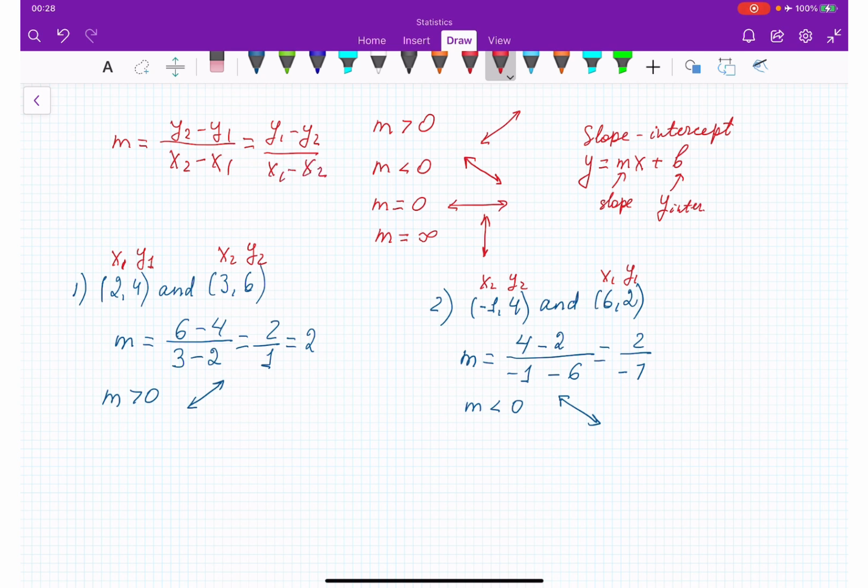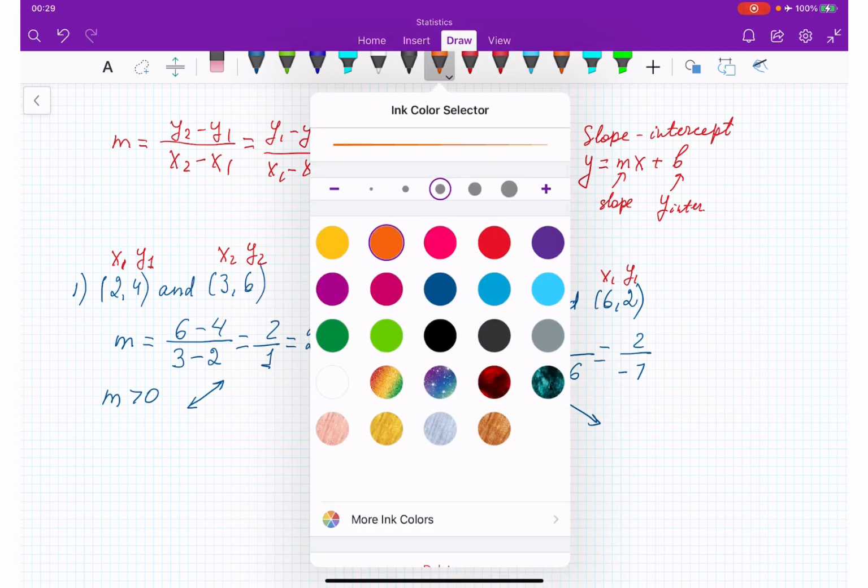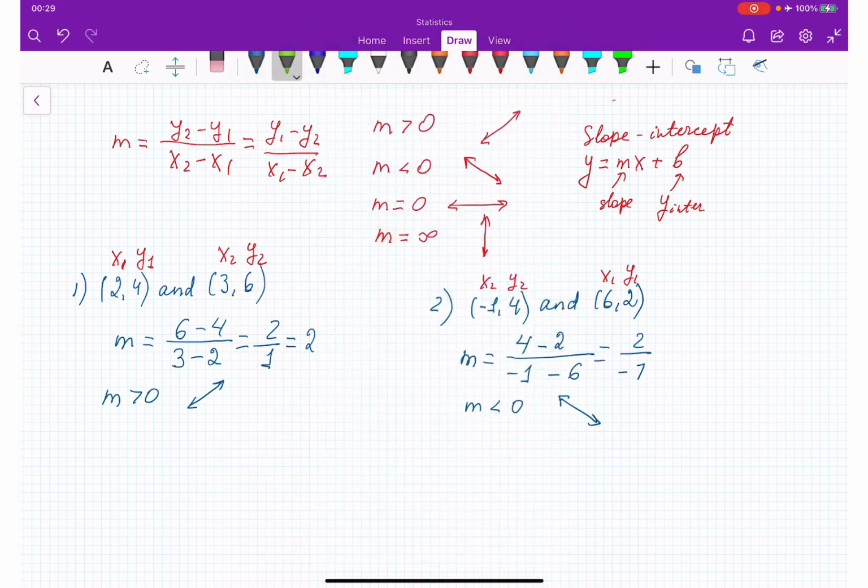Doesn't matter. What is important is that if the first term in the numerator starts with y2, then the bottom also has to start with x2.